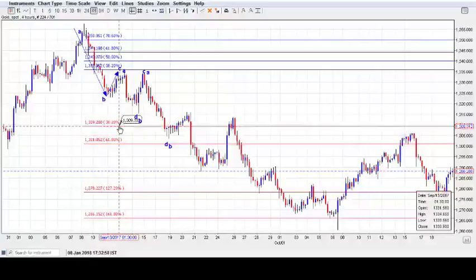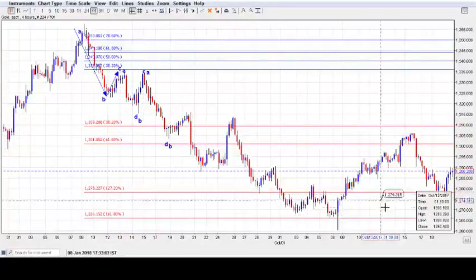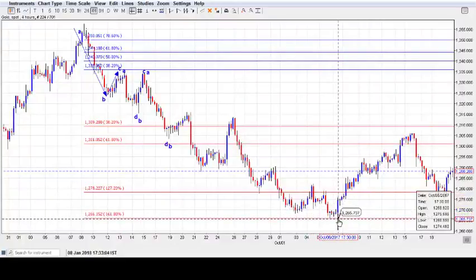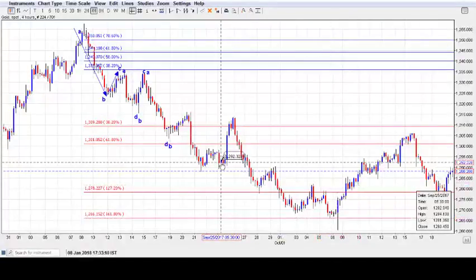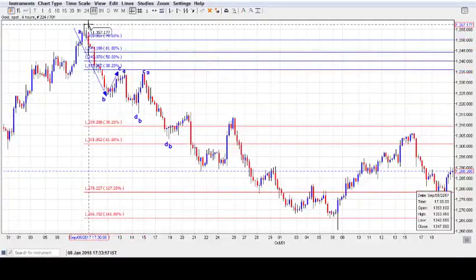Taking two levels of extension, 127 and 161, see slowly but steadily prices graduated to those two targets. Okay, now once you enter at the first point C, selling the market, you'll have to place your stop loss above the resistance, that is A, that is 1357.